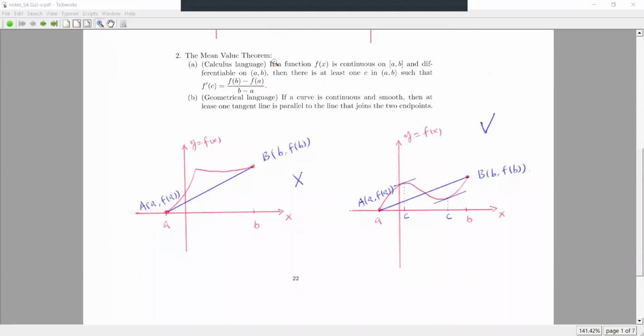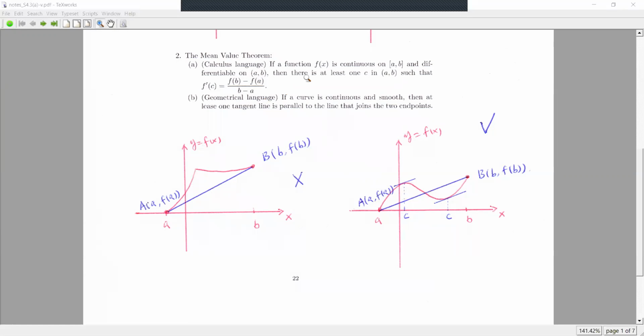The mean value theorem. In calculus language, if a function is continuous on this closed interval and differentiable on this open interval, not this curve. This curve has a corner. So this curve is not differentiable everywhere. But this curve is differentiable everywhere on this open interval.